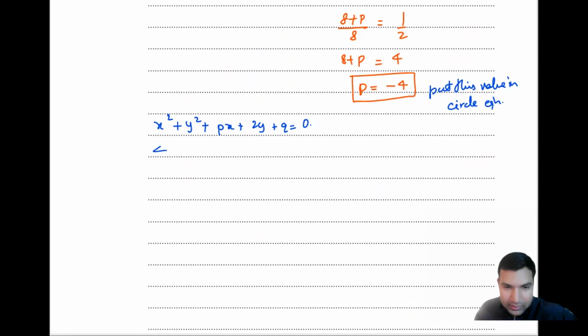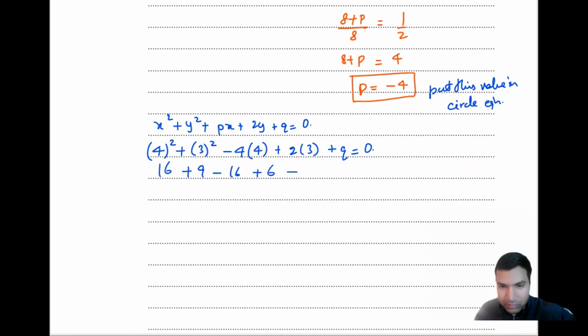Now x is 4, y is 3, p is -4, and I need to find the value of q. So we get this as 16 plus 9 minus 16 plus 6 plus q equal to 0. 16 and 16 cancel out. 9 plus 6 is 15 plus q equal to 0, or we get q equal to -15.